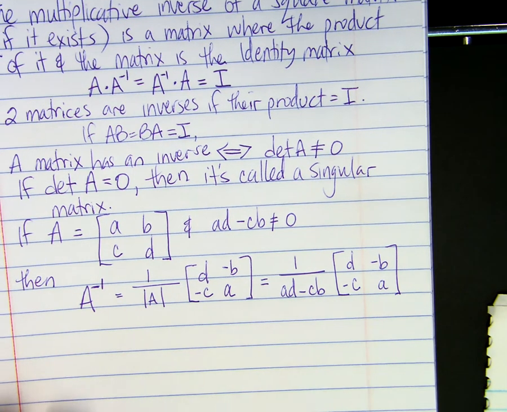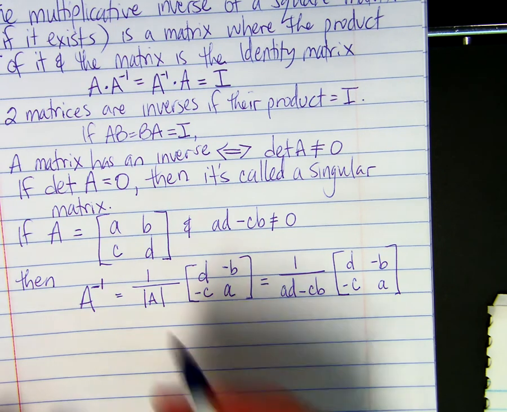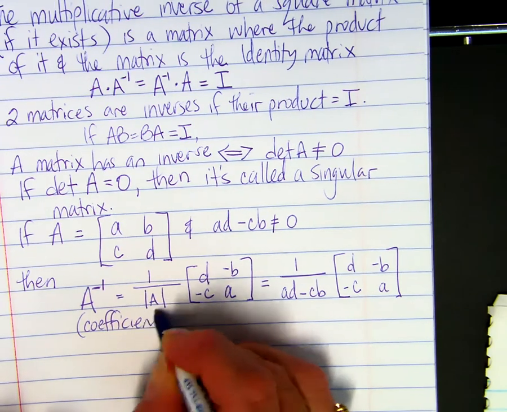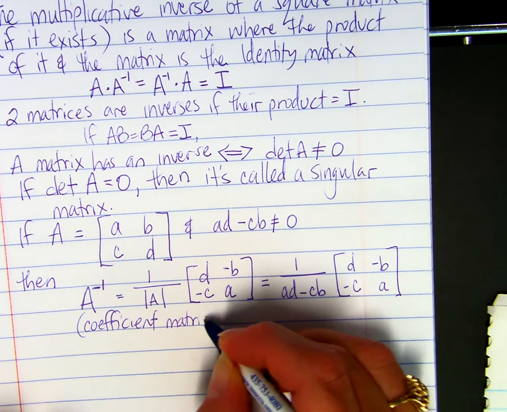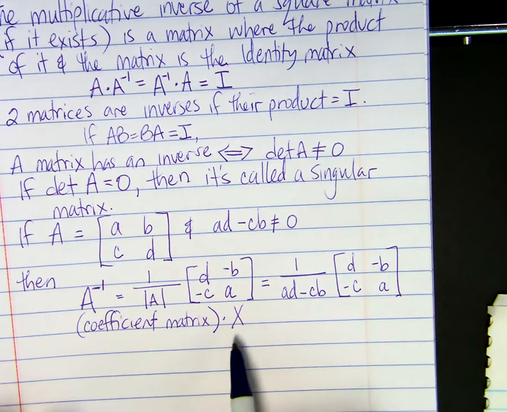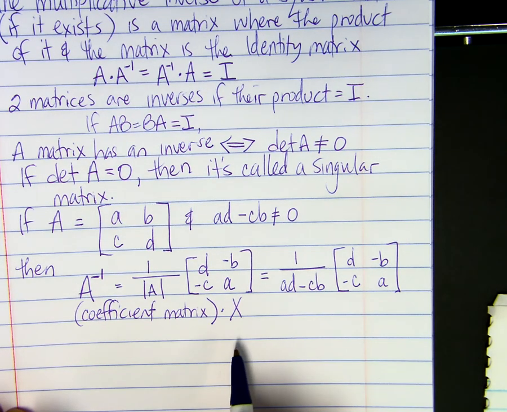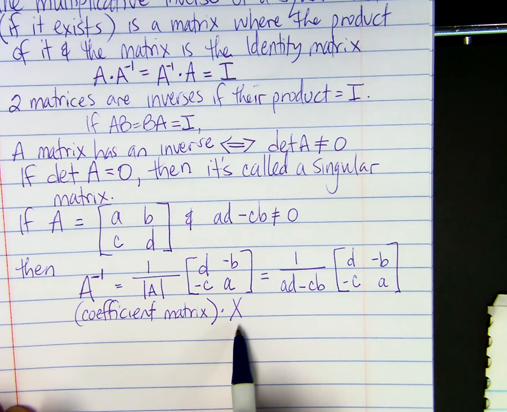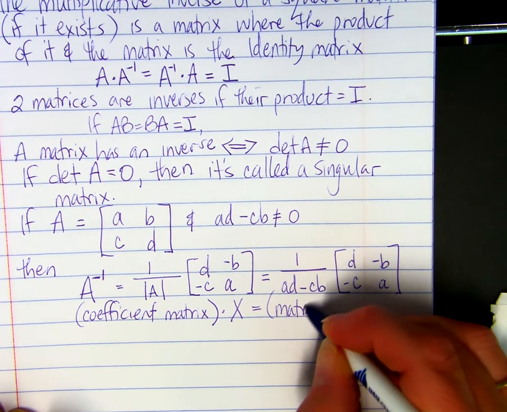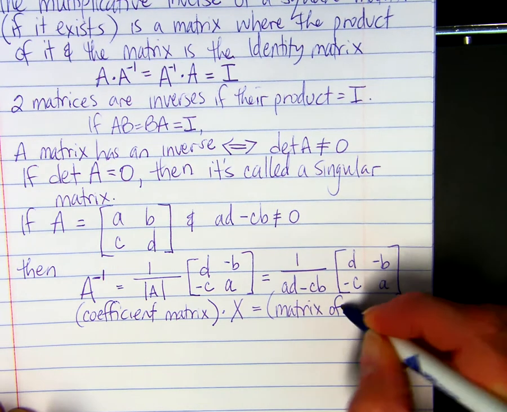So we can solve systems of equations using this information. So if we have the coefficient matrix times x, now x will be the matrix of variables, equals the matrix of the constants.